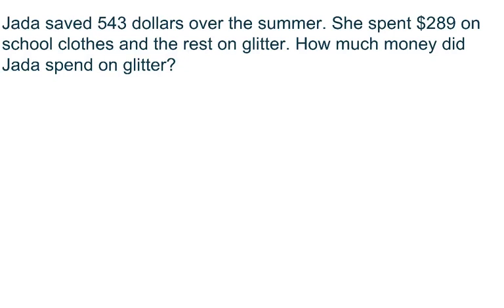So Jada saved $543 over the summer. She spent $289 on school clothes and the rest on glitter. How much did Jada spend on glitter? So let's set up our strip diagram. The total was $543.